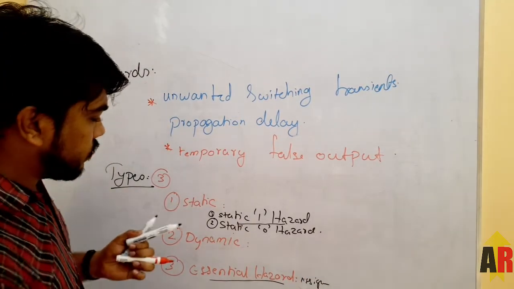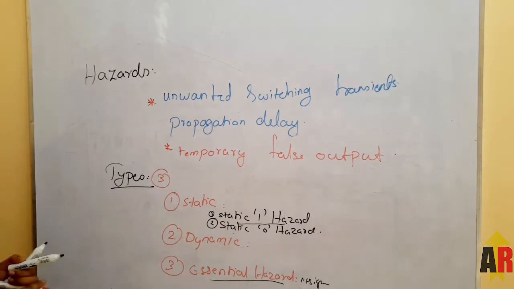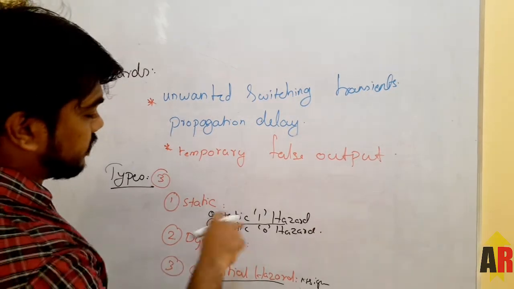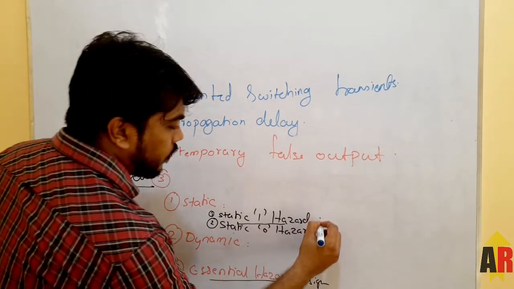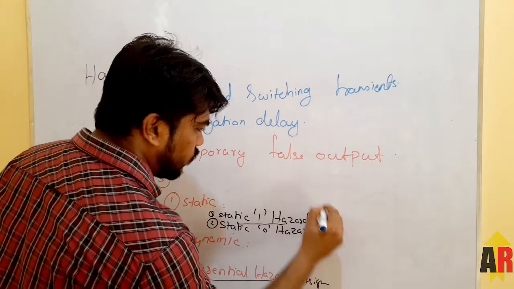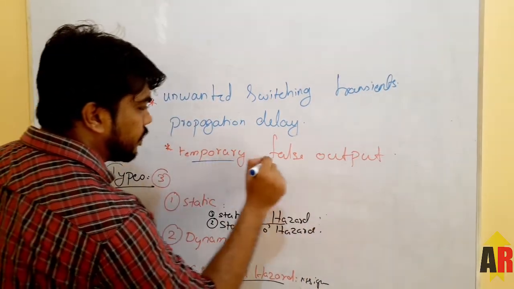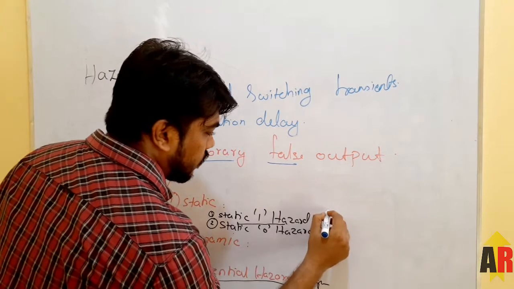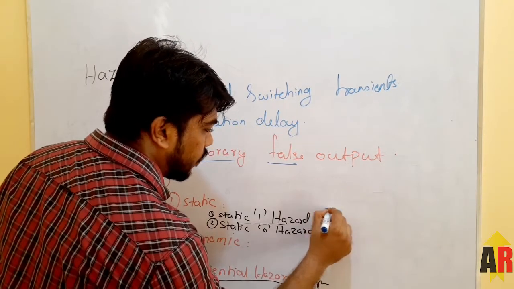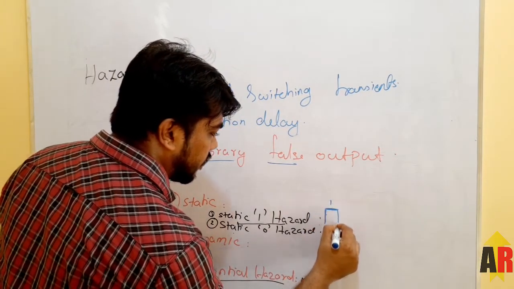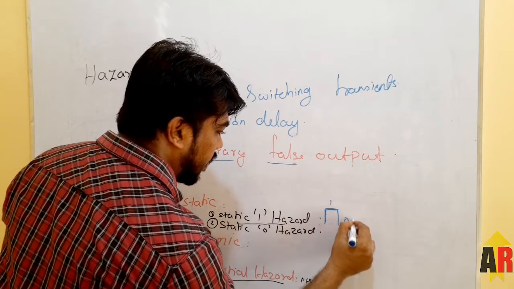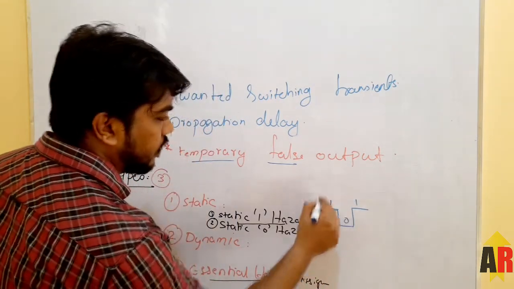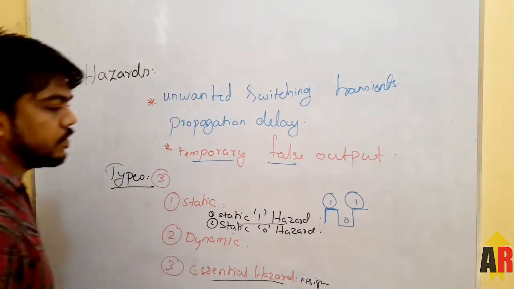Okay. So first I will tell the idea about what is static 1 hazard. Actually, I added a point like temporary false output. So actually my output should be 1, but it changes to 0 and comes once again to 1. This is called static 1 hazard.